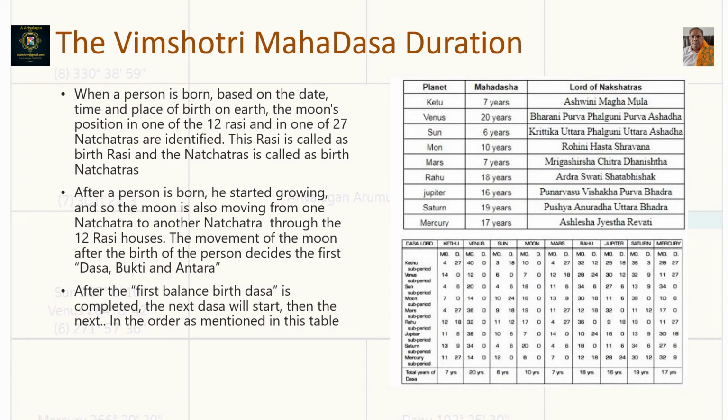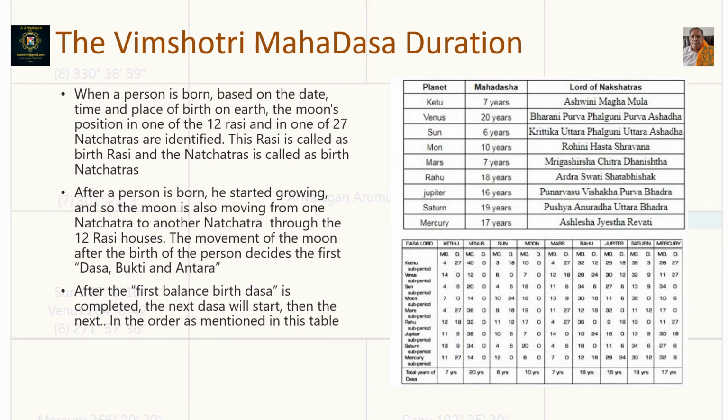Here you see the Dasa Lord, Ketu, Venus, and then they have given the Ketu subperiods. Each Dasa has Bhuktis, and these Bhuktis are further divided into 9 divisions, each owned by one planet. Always the first Bhukti is in the name of the Lord of that Dasa.